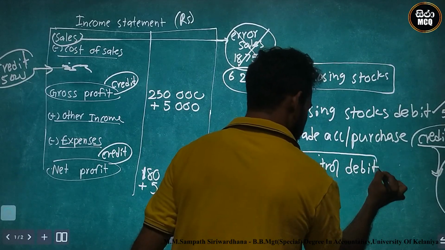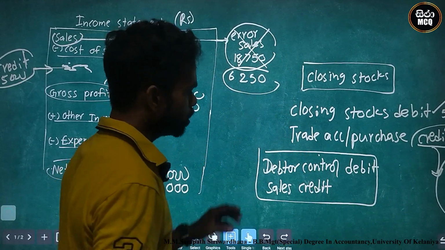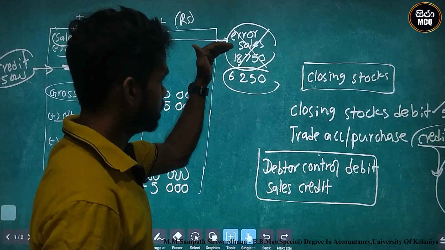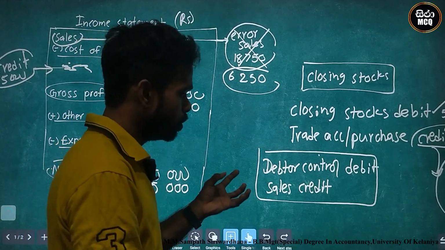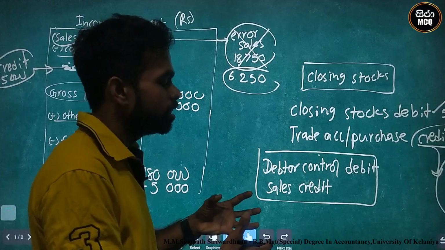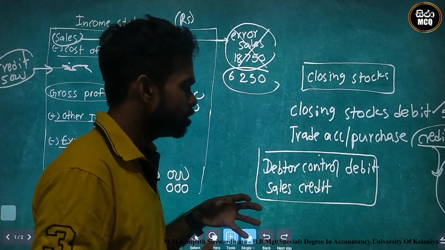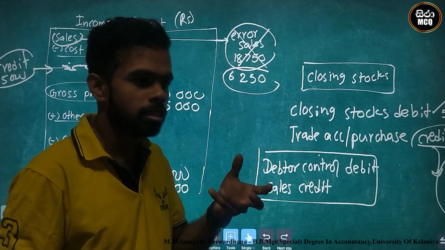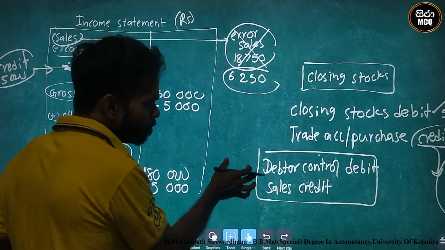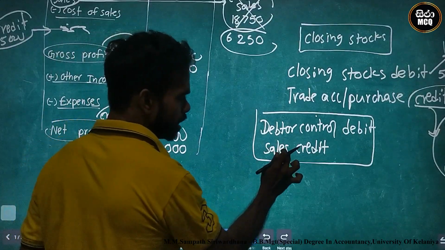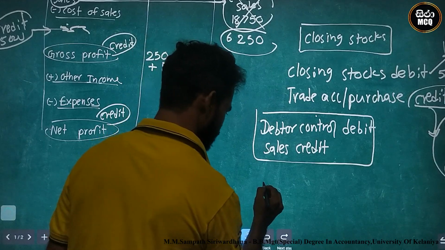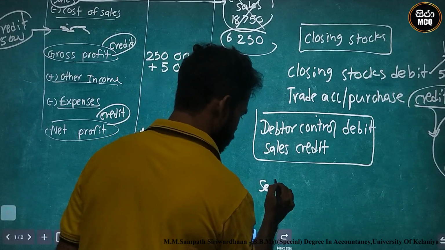They already identified this overvalued short. Why? 18,750. Therefore, you must identify the opposite side of this. There is an overvaluation, so you must reverse this. What is the reverse short? Sales was credit, now sales debit. Debit to sales.